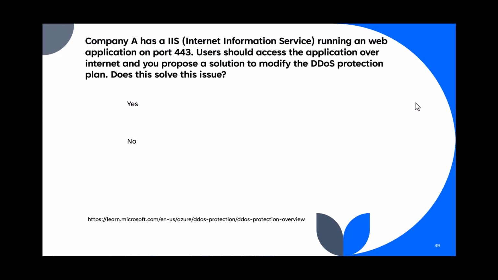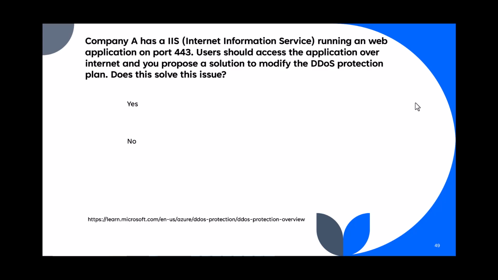Question number 49. Company A has an IaaS, Internet Information Service, running a web application on port 443. Users should access the application over the internet, and you propose a solution to modify the DDoS protection plan. Does this solve this issue? DDoS is a distributed denial of service attack, so this is protection from that.